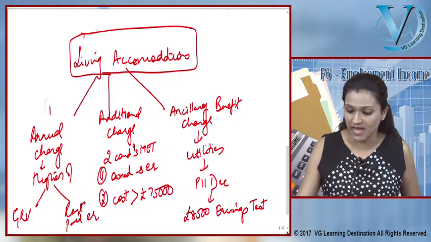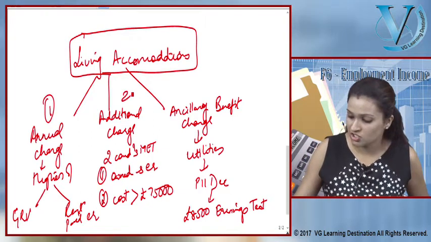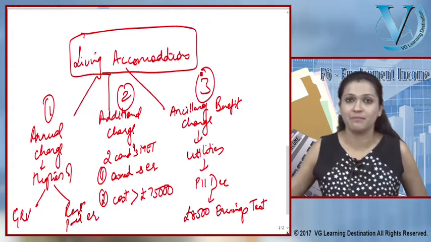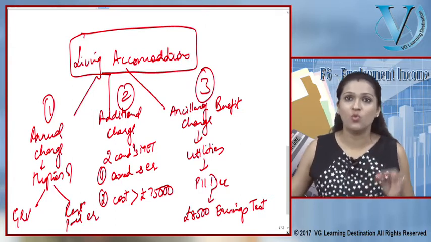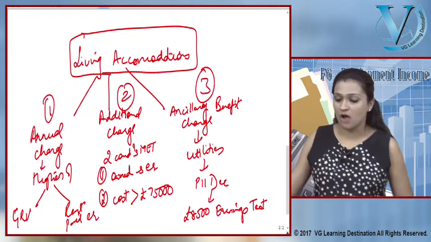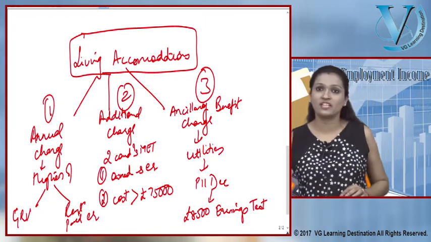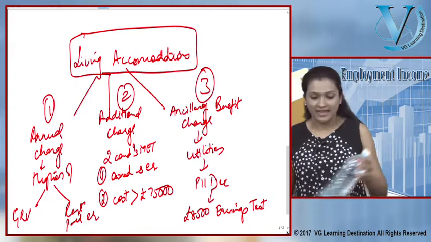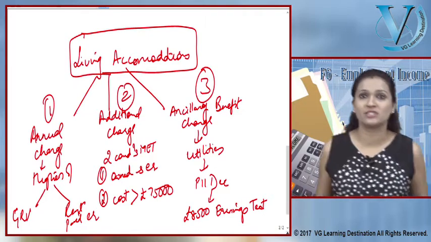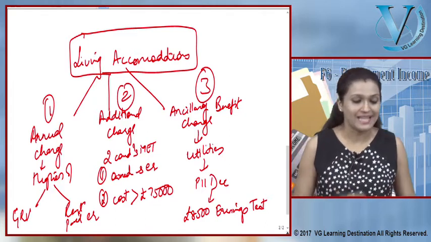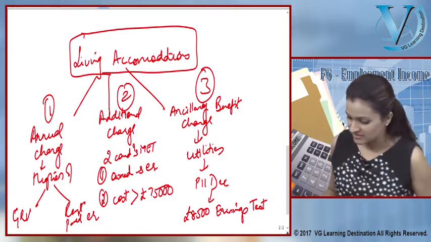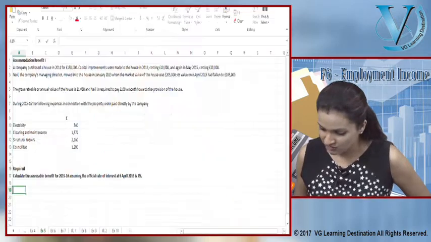You first begin with the annual charge, add on the additional charge, and thereafter ancillary benefits depending upon what category of employee you are. So basically that is how you're going to calculate the living accommodation charge to begin with. Now let's do practically a few questions and let's get a better understanding of how we are going to resolve these living accommodation questions. So let me open up a question for you quickly.